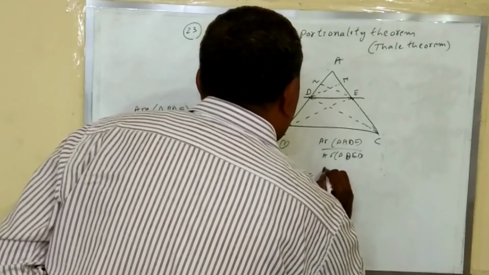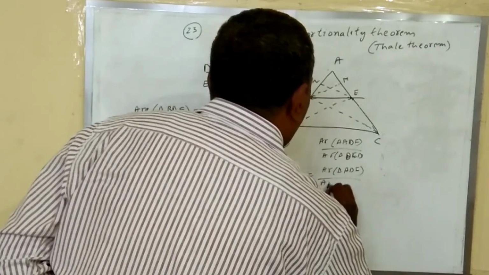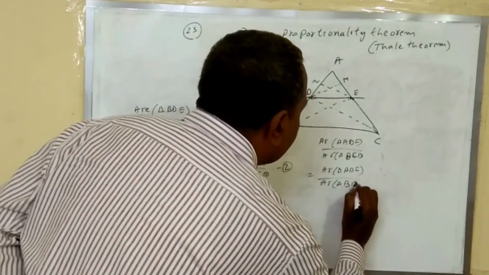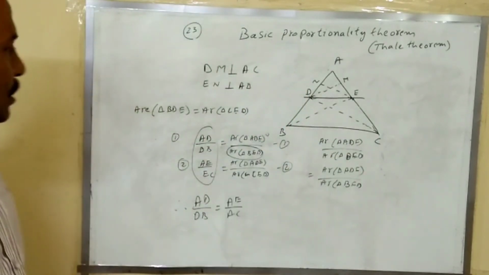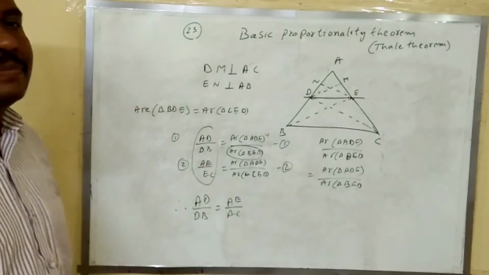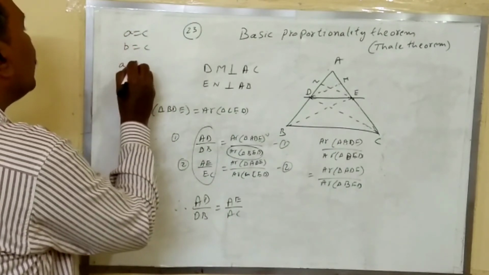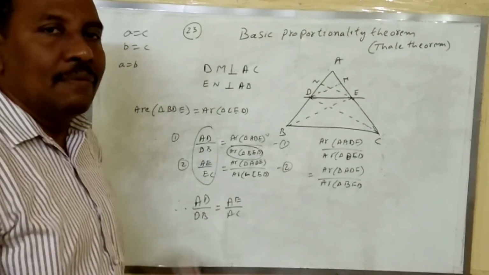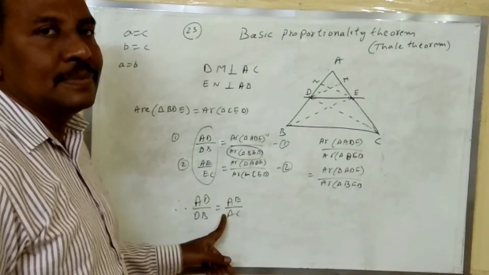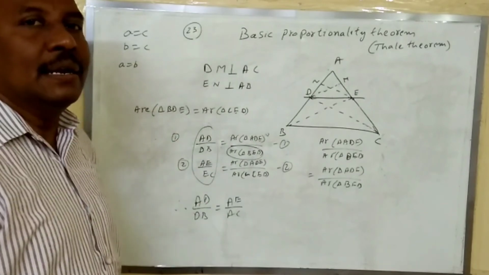Here also, in place of CED I can write BED, so both are equal to the same. Naturally they will be equal: A is equal to C, B is equal to C, so A is equal to B. From this we can conclude that AD by DB is equal to AE by EC. Hence shown. This is how you can deduce the theorem.